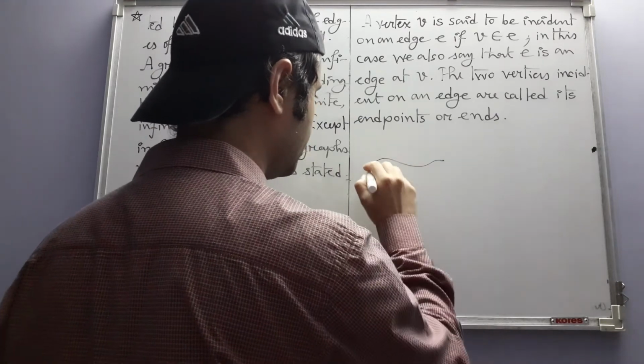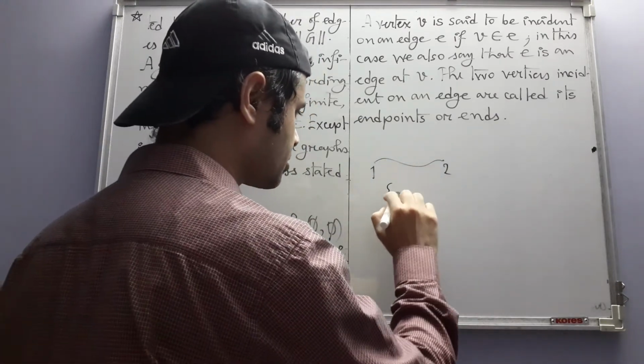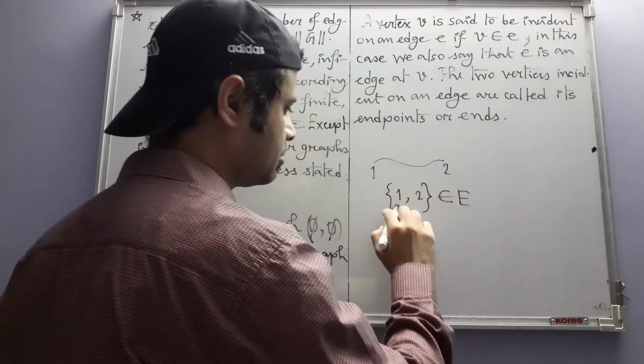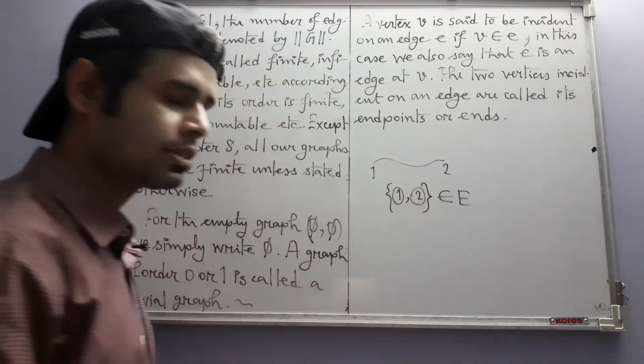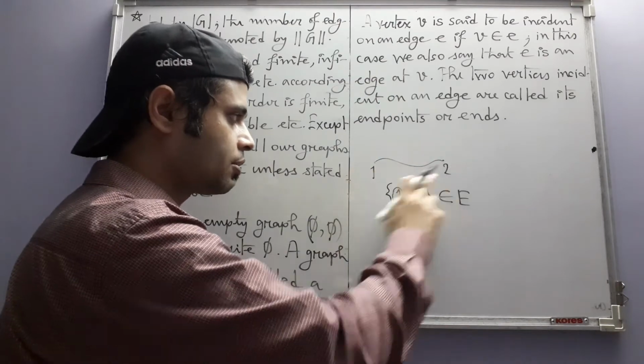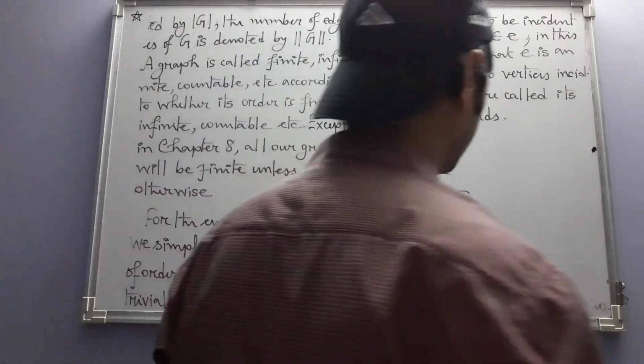If this is an edge, then these two vertices are called its endpoints or ends. It's natural to call them ends. You can see that from the figure.